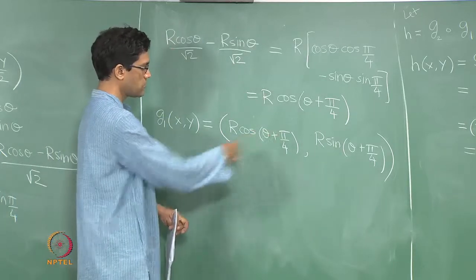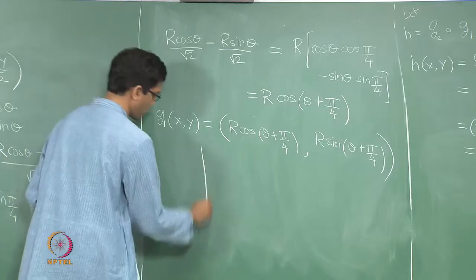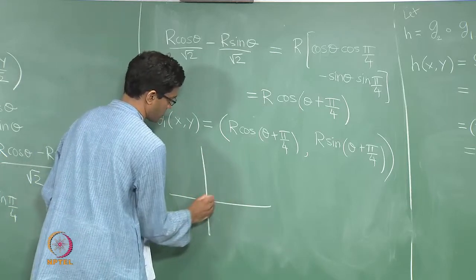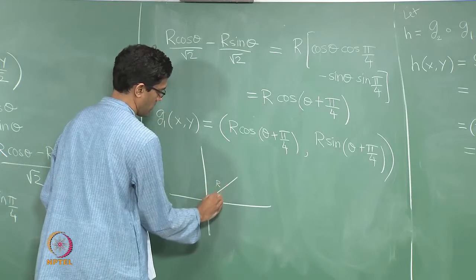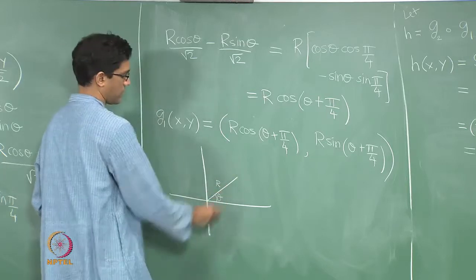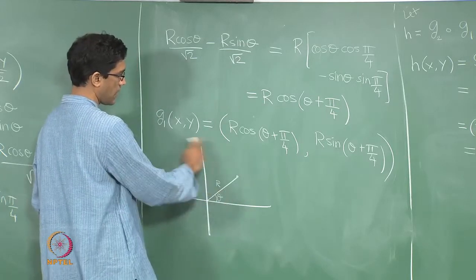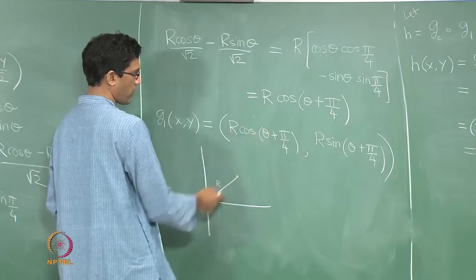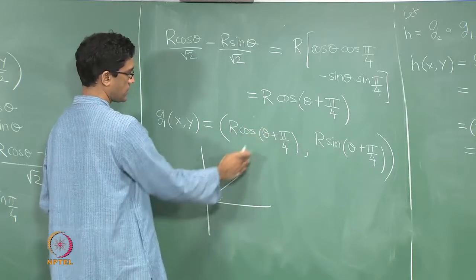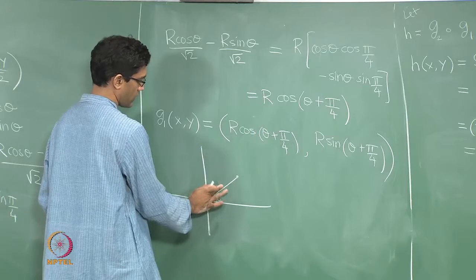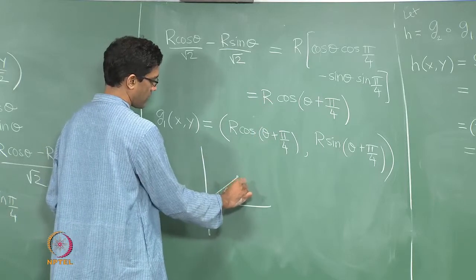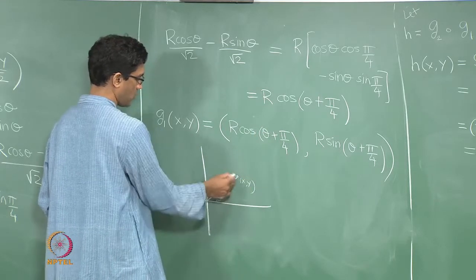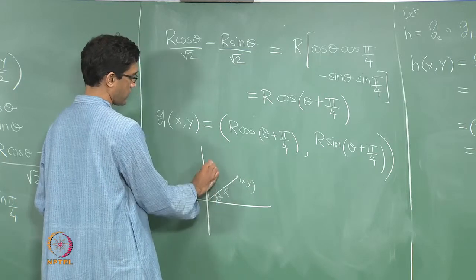So, what does this mean? Geometrically it says that the original point, which was at an angle theta from the origin and at a distance r, has now been mapped to a new point that is still at a distance r, but the angle is theta plus pi by 4. So, the original point (x, y) has now been mapped to a point here.